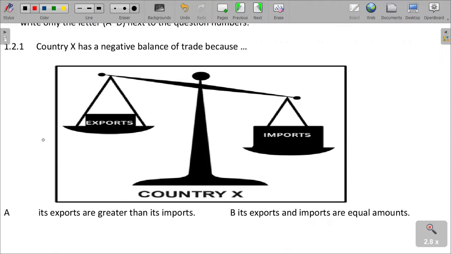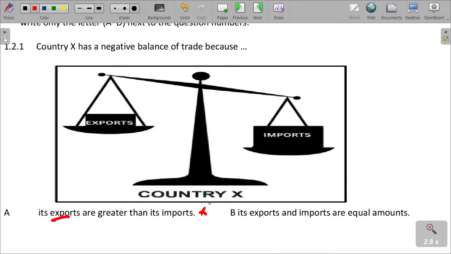What factors contribute to a negative balance of trade? Its exports are greater than imports. When exports are greater than imports, it is positive because we are earning more. So A is not correct.